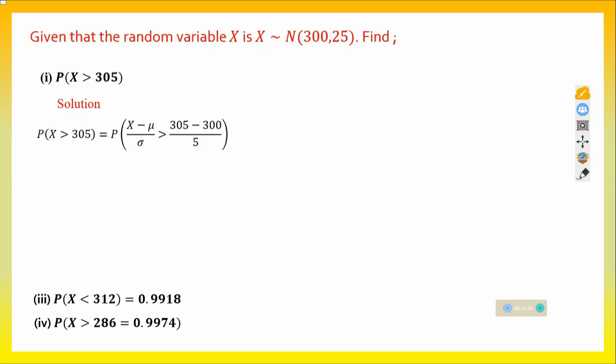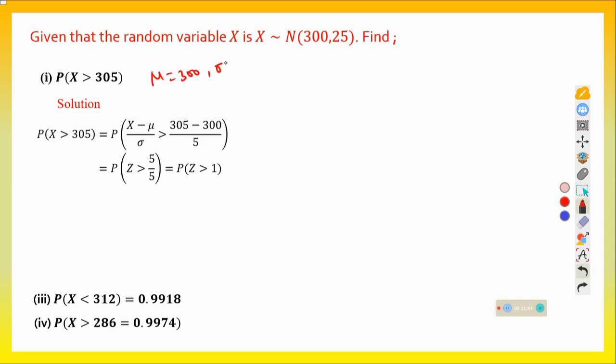Do the same for X and do the same for this value. Mu is 300, and sigma squared is 25, which means the standard deviation is 5.